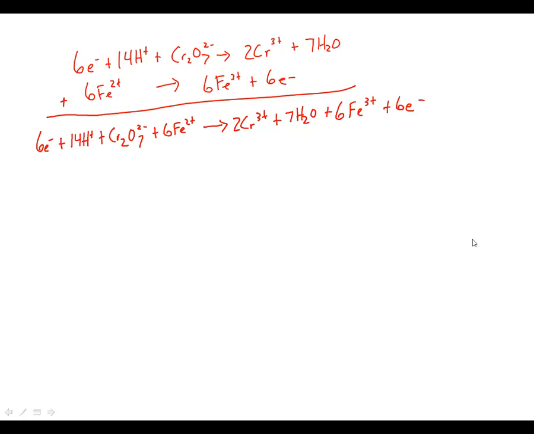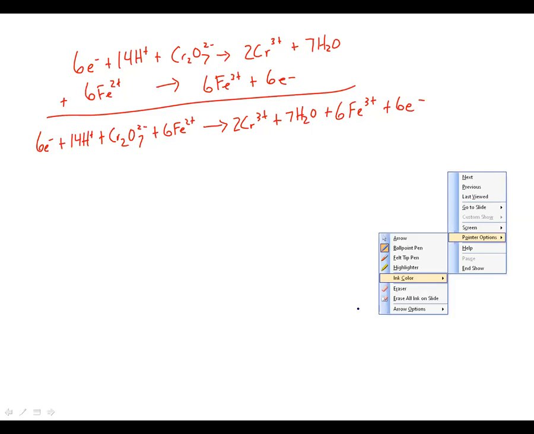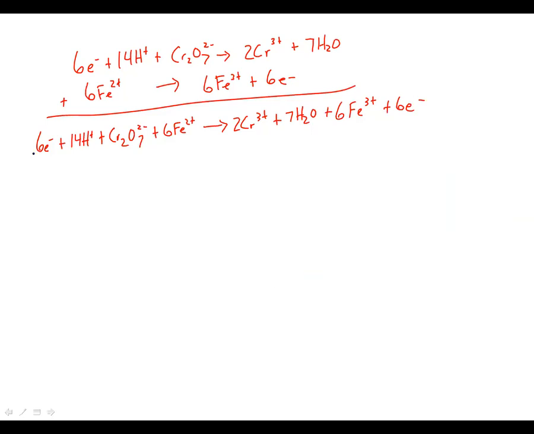At this point, you can treat the arrow like an equal sign in math. So we can subtract these 6 electrons from the other side, and they will cancel out. I think that's everything that will cancel out.